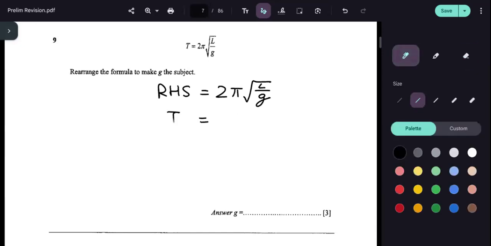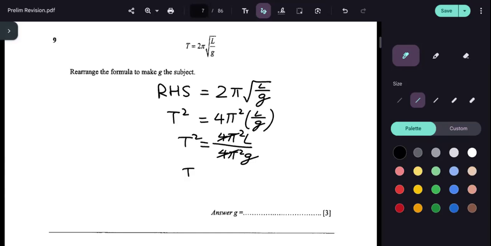So T squared is 4 pi squared L over G. So now you just times in 4 pi squared L over 4 pi squared G, because this will cancel. So T squared is L over G, bring the G up, so it will be L equals G T squared. So G will be equal to L over T squared. That's it.